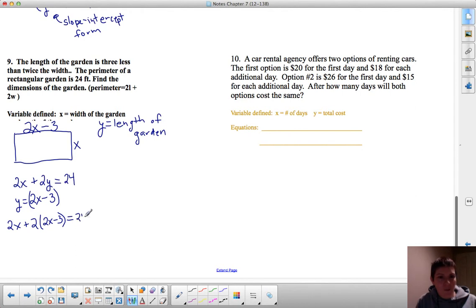is equal to 24. We have a distributive property. We combine like terms. And then finish solving.